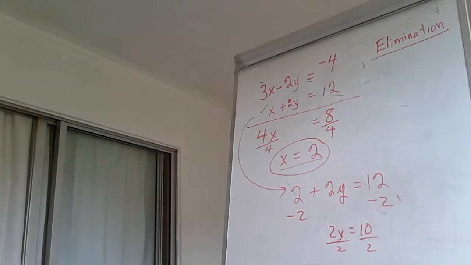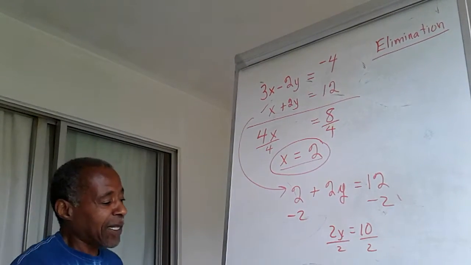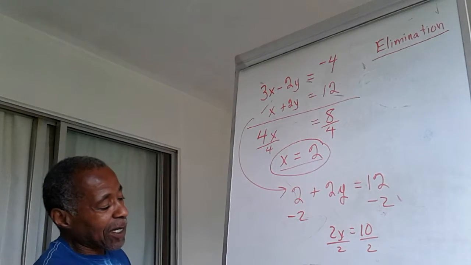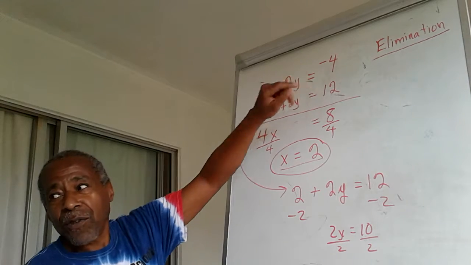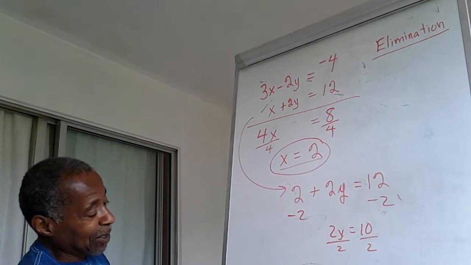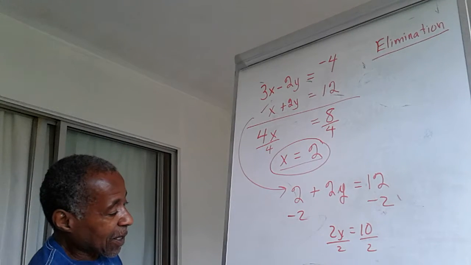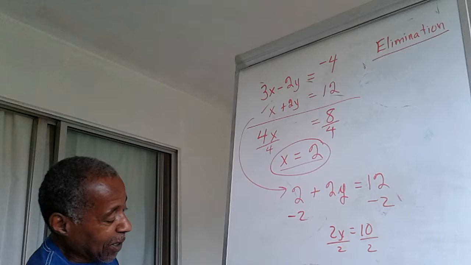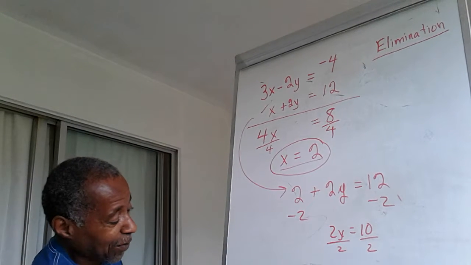Of course, you may have to prove this sometimes. So how do you prove something like this? I'm going to take these 2 numbers and put them into the first equation and see if I get negative 4. So 3x minus 2y is equal to negative 4. I'm going to say 3 times 2 minus 2 times 5.